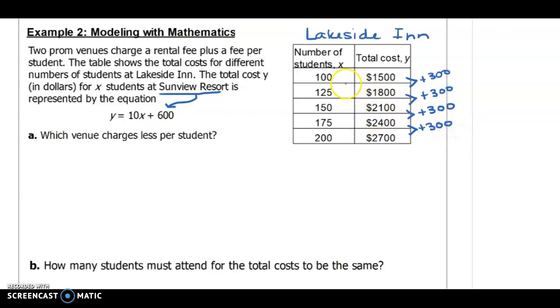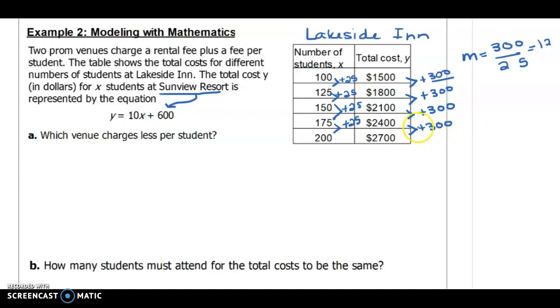So for every 25 students, we're basically adding $300. That means my slope is my change in y, which is 300, over my change in x, which is 25, which is just 12.